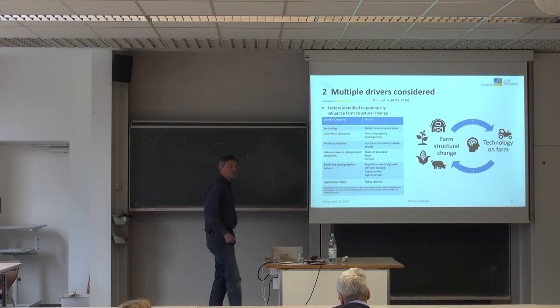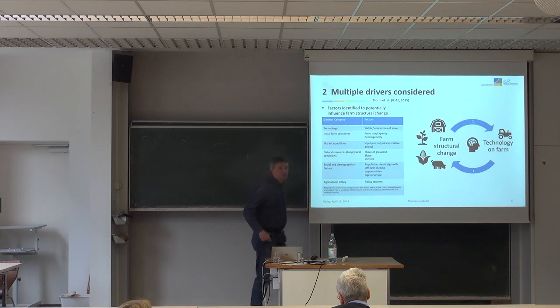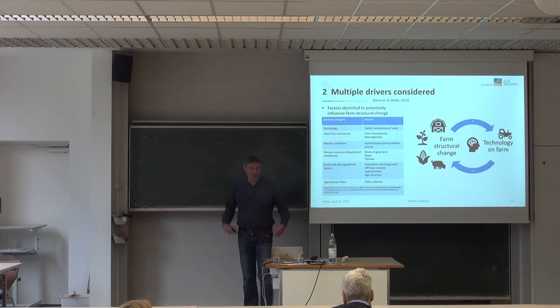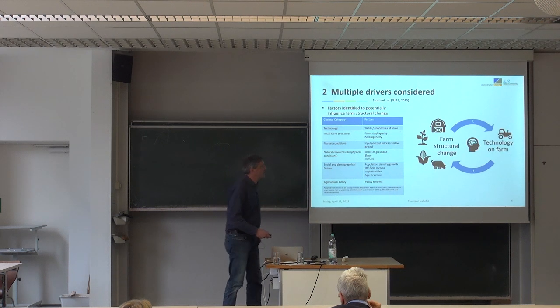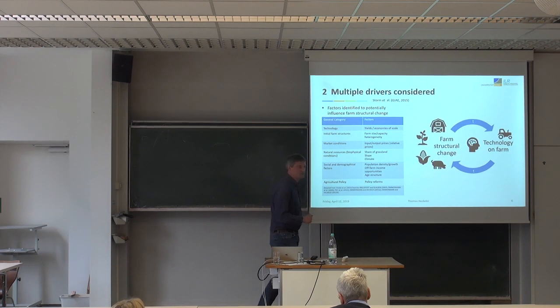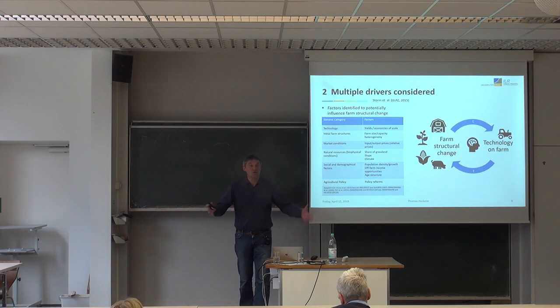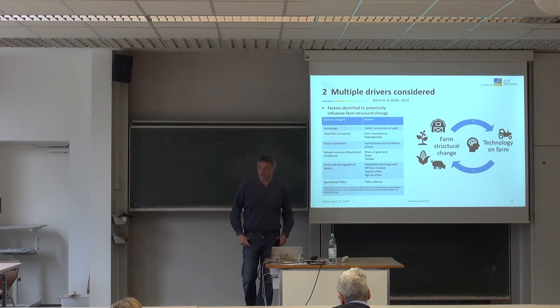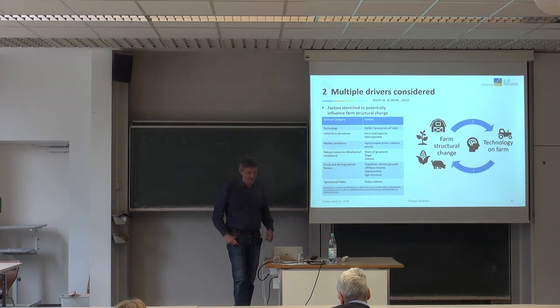Theory tells us all kinds of elements or determinants that matter here. Technology, the PhenoRob core thing, changes, differences in technology determine farm structural change over time. But that's not all. Also, where we start from, initial farm structures, matter. Market conditions on the input side and the output side matter for what happens over time.